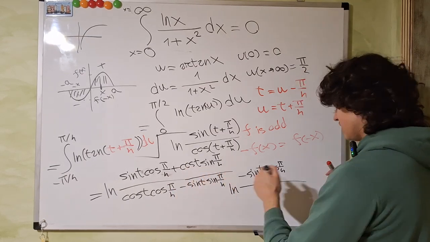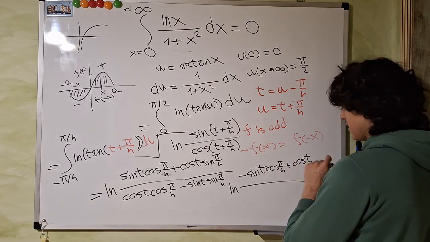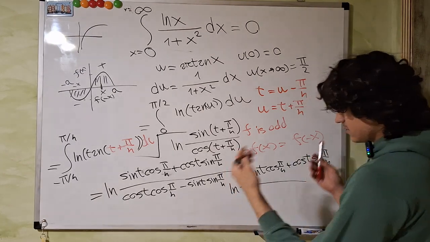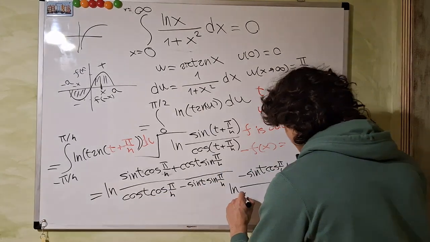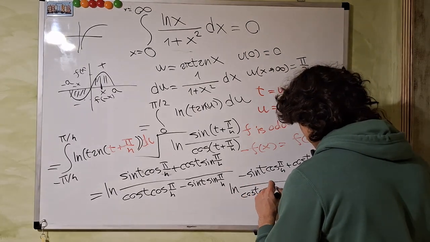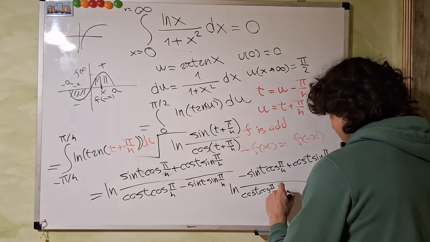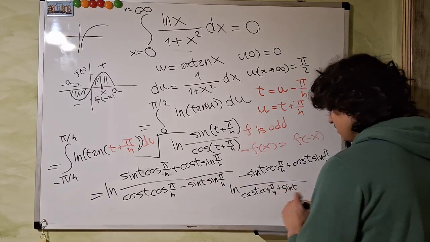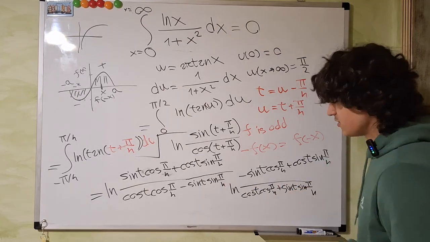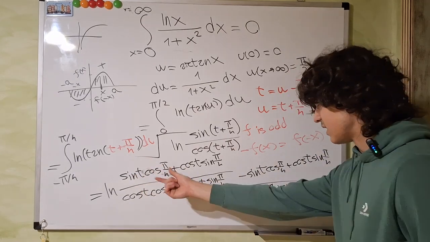Cosine of minus t is cosine of t, because cosine is an even function, while sine is an odd function. So cosine of pi over 4, minus sine of minus t is plus sine of t, sine of pi over 4. So this is this function with minus t replaced instead of t.